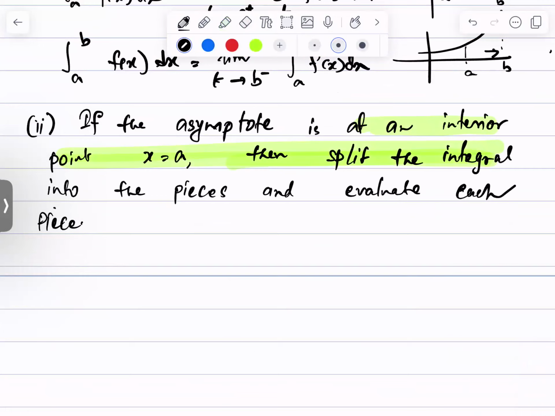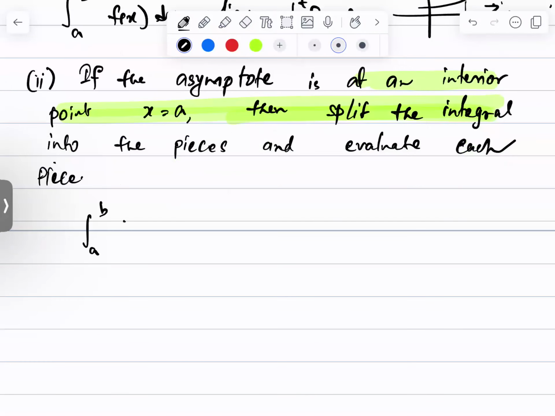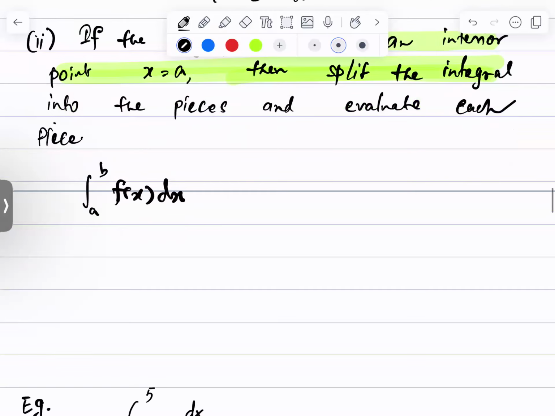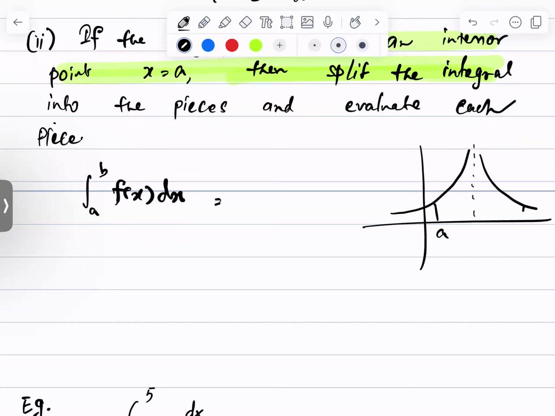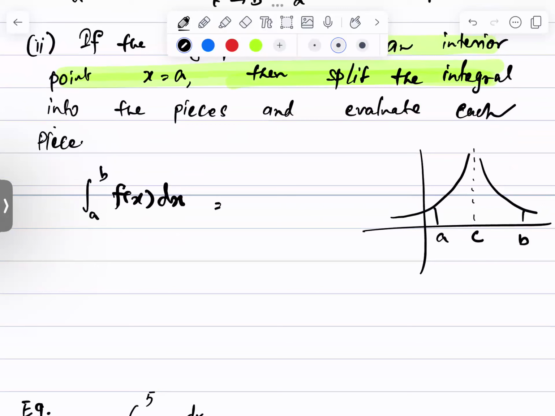For example, say I have something like this, a to b f(x) dx, say, and the graph kind of looks like this. This is your A, this is your B, and this is your C. So if the vertical asymptote is at C, where C is in between A and B, then first you should break the integration like this. From A to C, I'll integrate, and then C to B.